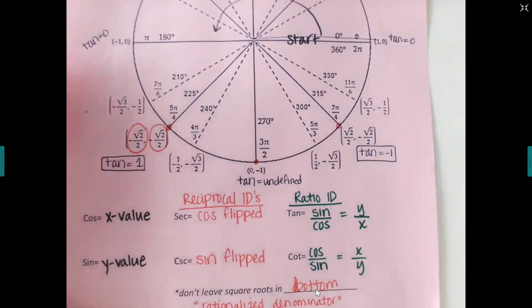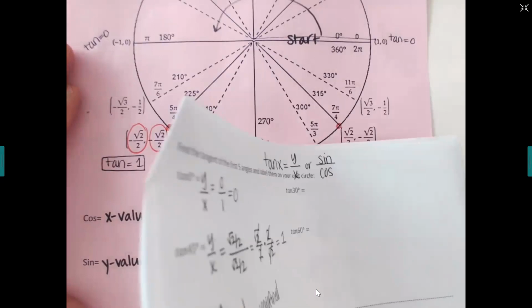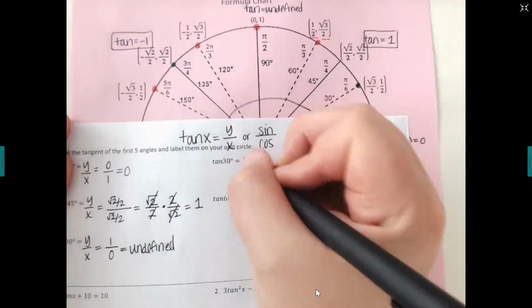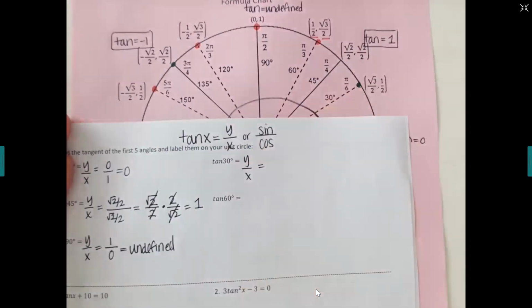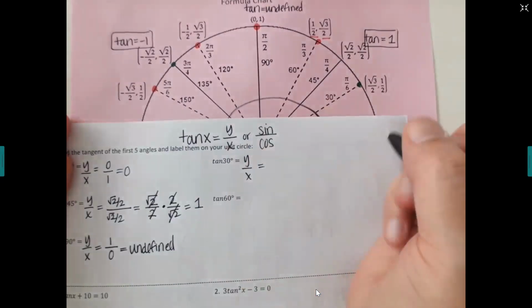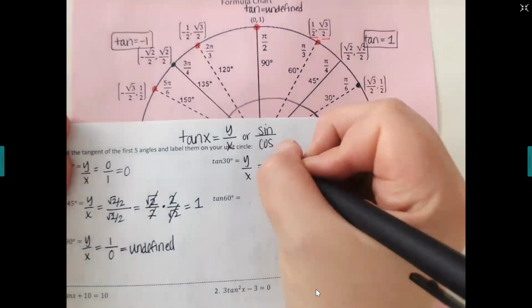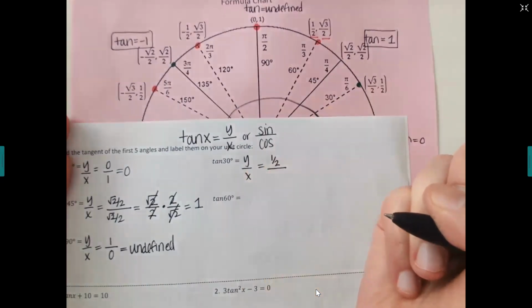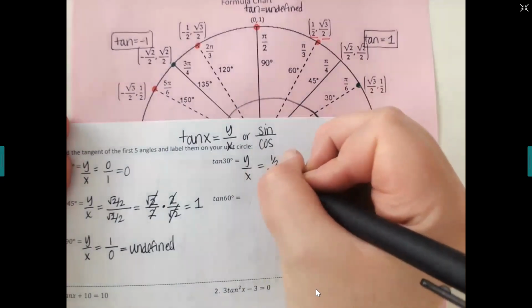Let's start with 30 degrees. Remember the formula for tan is y over x. So for 30 degrees, what is the y value? 1/2 divided by what? What's the x value? √3/2, thank you.